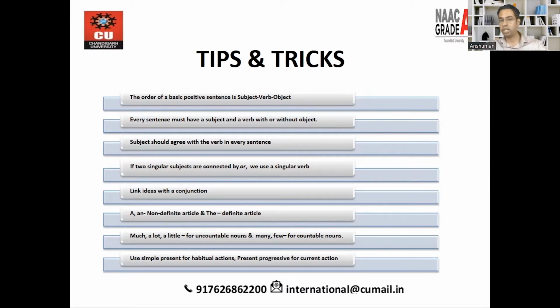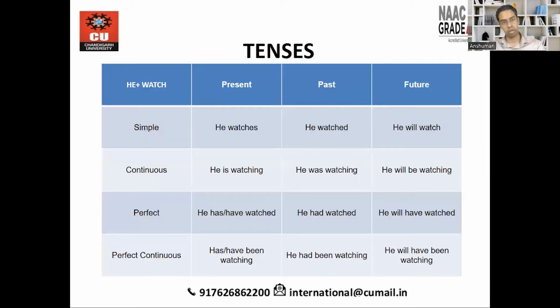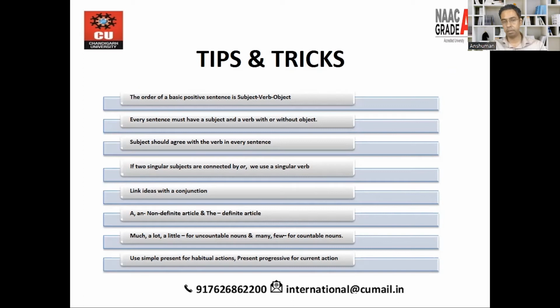Now, one example is if two singular subjects are connected by or, we use a singular verb. For example, if I say Ram or Sham is about to complete their homework. Although here Ram and Sham are two people, two singular nouns, we are not using and.